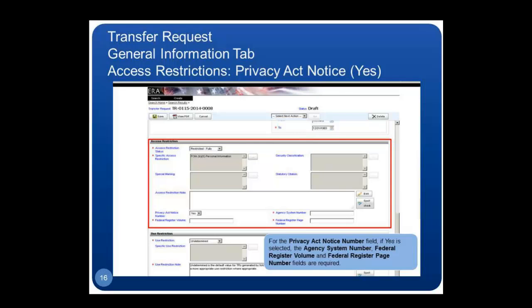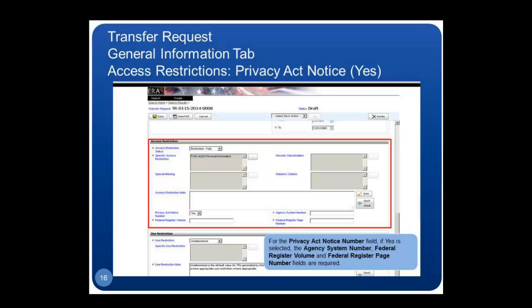Okay. So the number that we're asking you for in the agency system number field is indeed the SORN, followed by where that notice was published in the Federal Register.